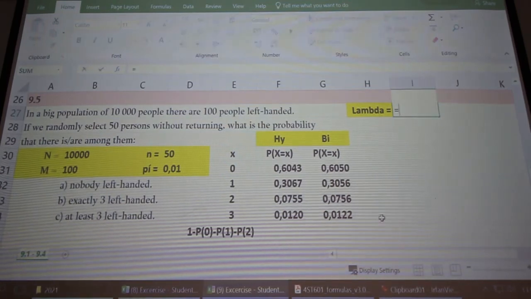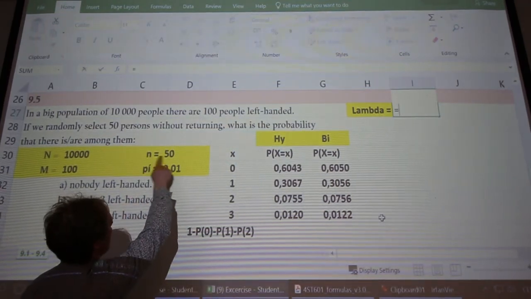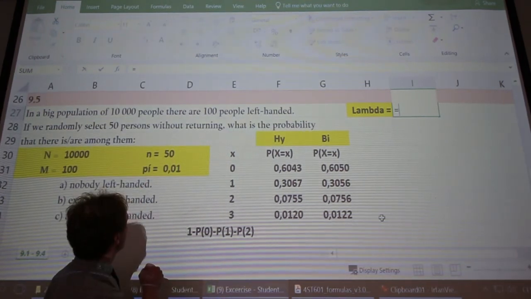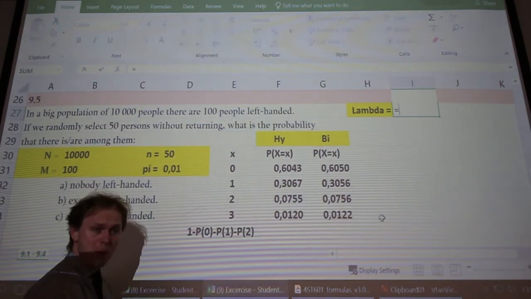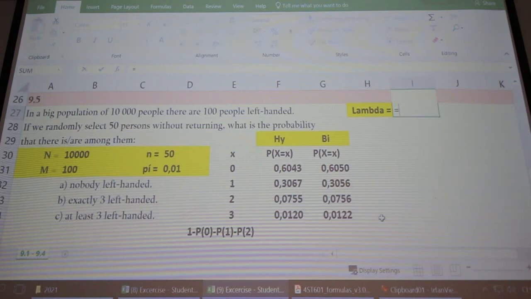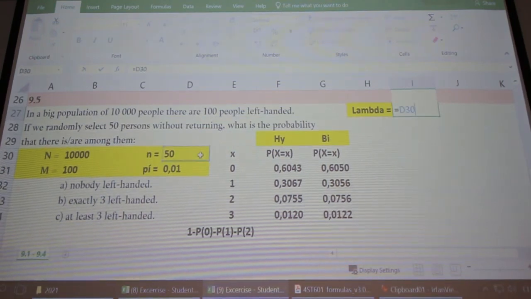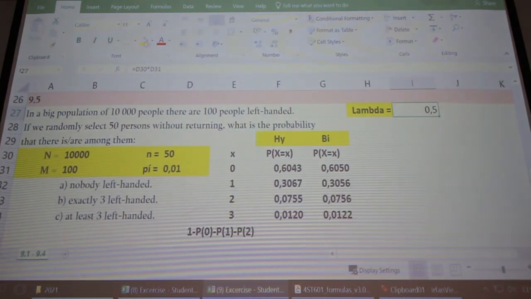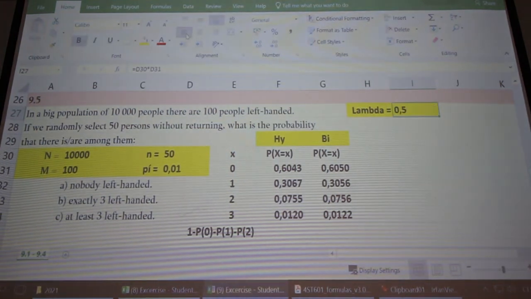How can you calculate lambda? As the multiplication of n and p, which is the expected value for the Poisson distribution. So n times p, enter, and lambda is 0.5.